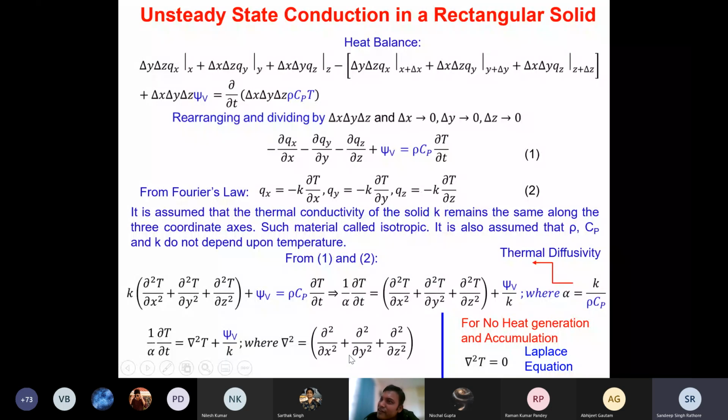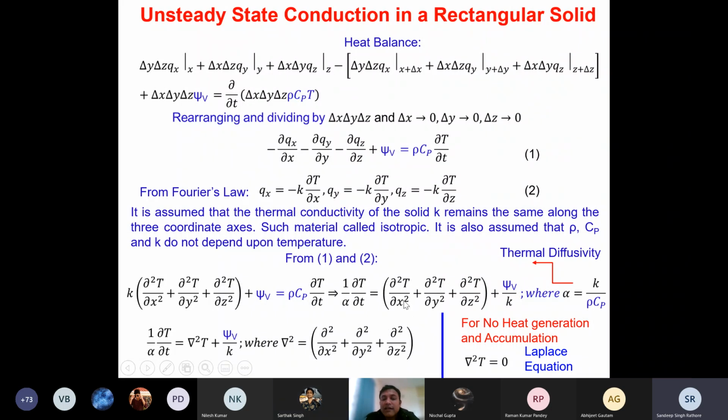That's why it is called a relative time. You get it? This alpha t by s square is nothing but the Fourier number, so the Fourier number is nothing but a relative time. Make sense? On the right hand side, it is non-dimensionalized with respect to length also, in terms of x.